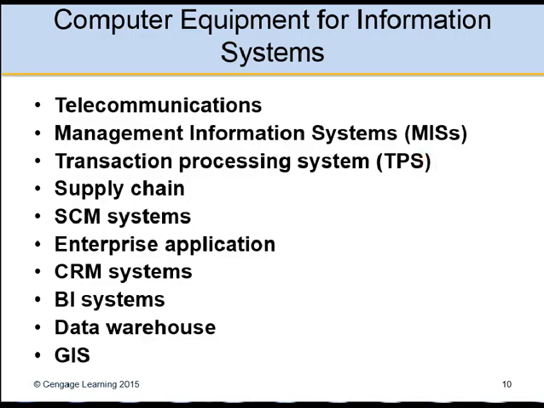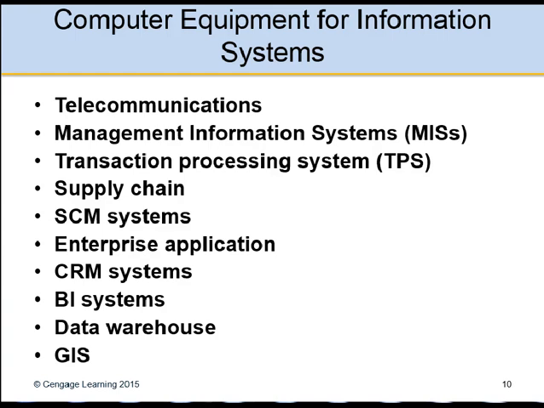Different types of information systems serve different functions. Oftentimes the capabilities of different applications have been combined and merged. A management information system, an MIS, supports management activities such as planning, controlling, and making decisions.